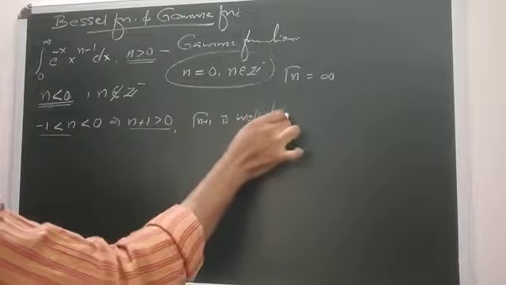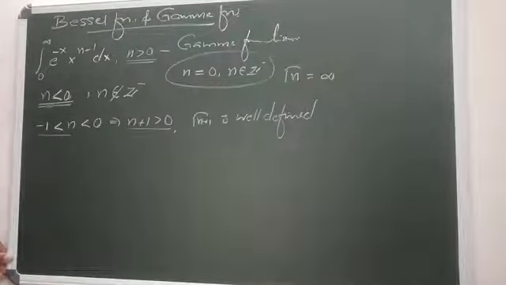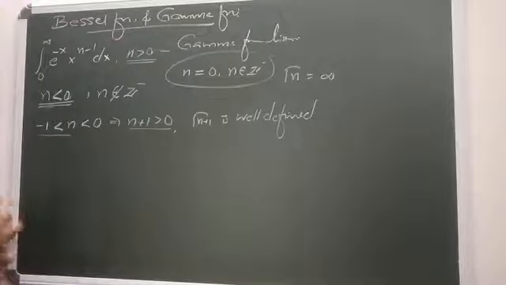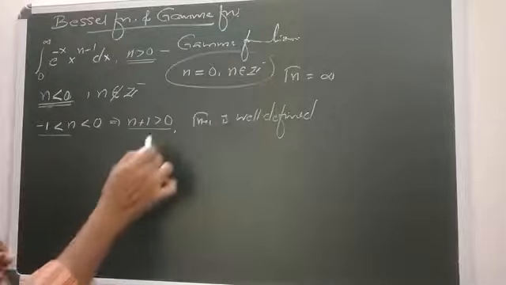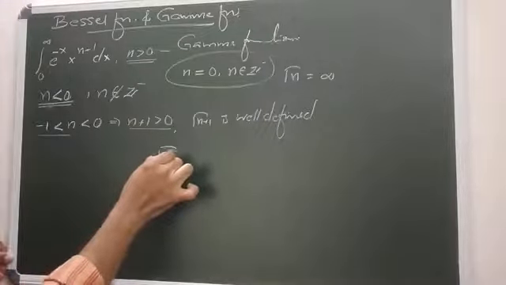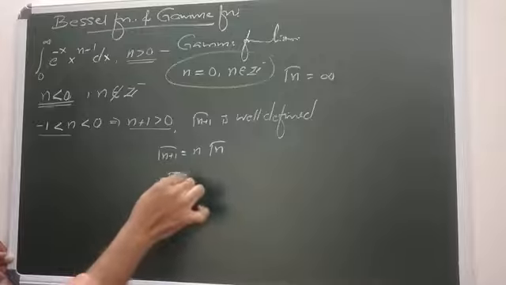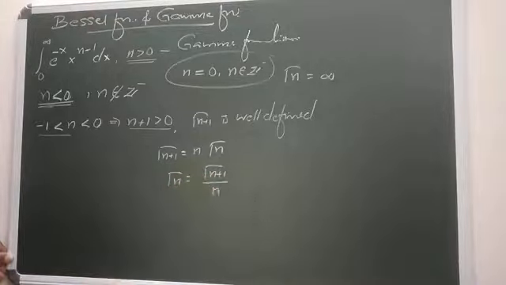Gamma of n plus 1 is n into gamma of n, so gamma of n equals gamma of n plus 1 divided by n.